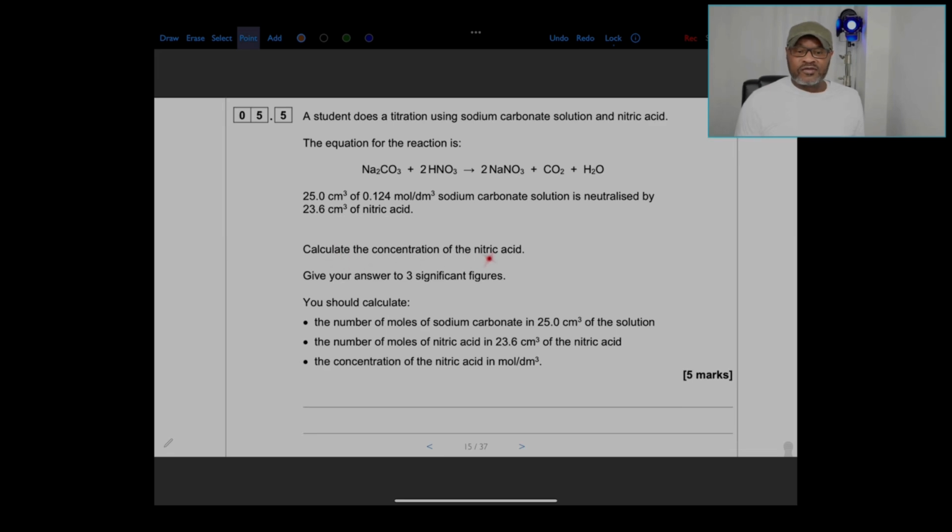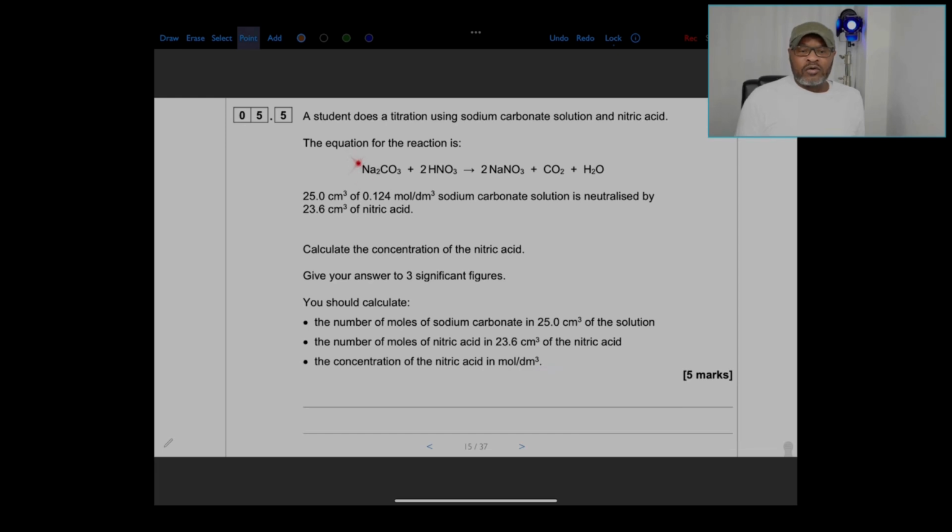Calculate the concentration of nitric acid. Give your answer to 3 significant figures. You should calculate point 1, the number of moles of sodium carbonate in 25 centimeter cube of the solution, the number of moles of nitric acid in 23.6 centimeter cube of the nitric acid, and the concentration of the nitric acid in mole per decimeter cube.